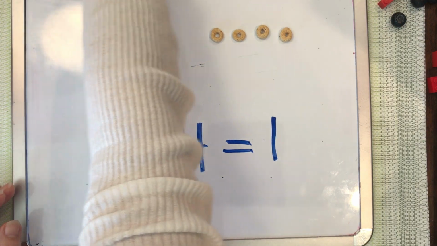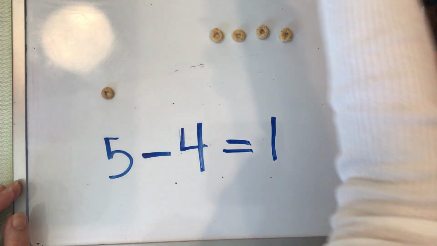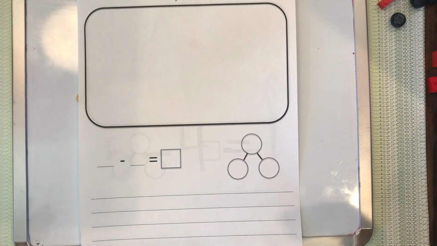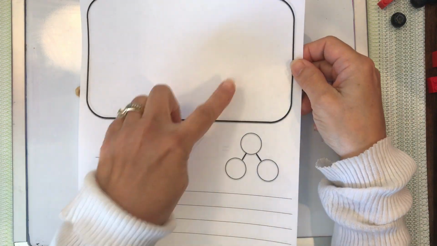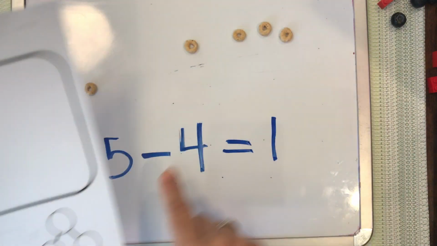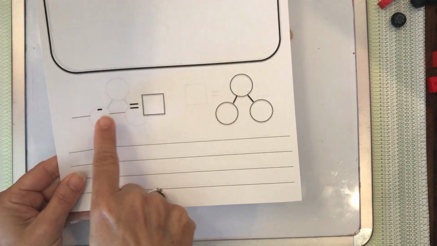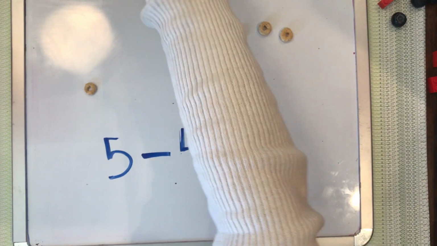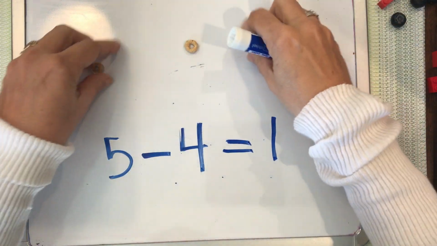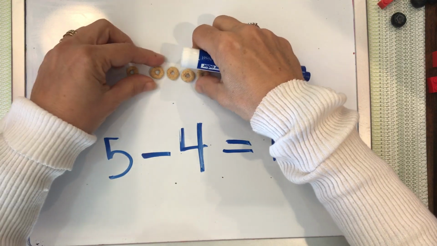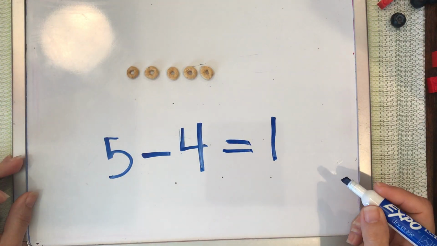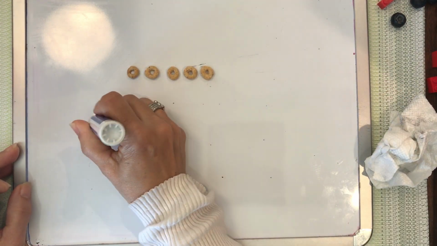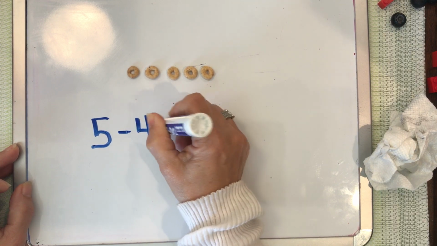Now, as part of your work for the week, you will have a page like this that you can print up where you'll have a chance to make your own number stories. Okay? So you'll have a place for a picture. You'll have a place to write these number sentences just like this. Blank minus blank equals, and what's left. Then you can show your parts with a number bond. So if I were to show this with a number bond, it's just like we've been working with number bonds the whole time. So 5 minus 4 equals 1.